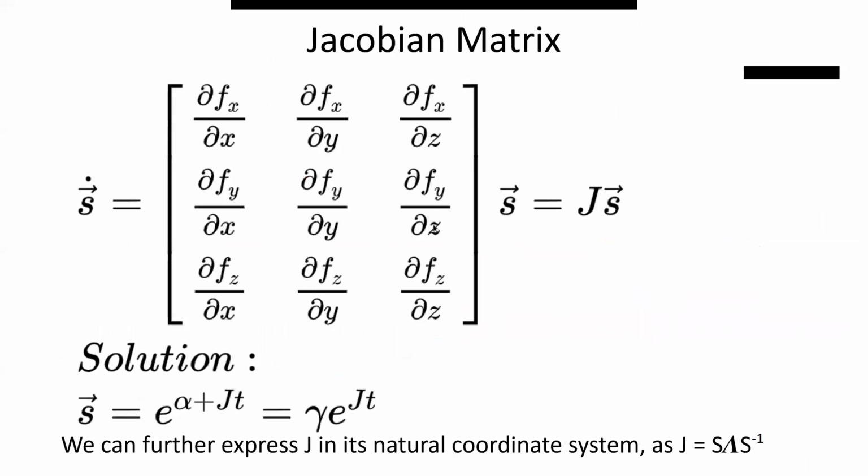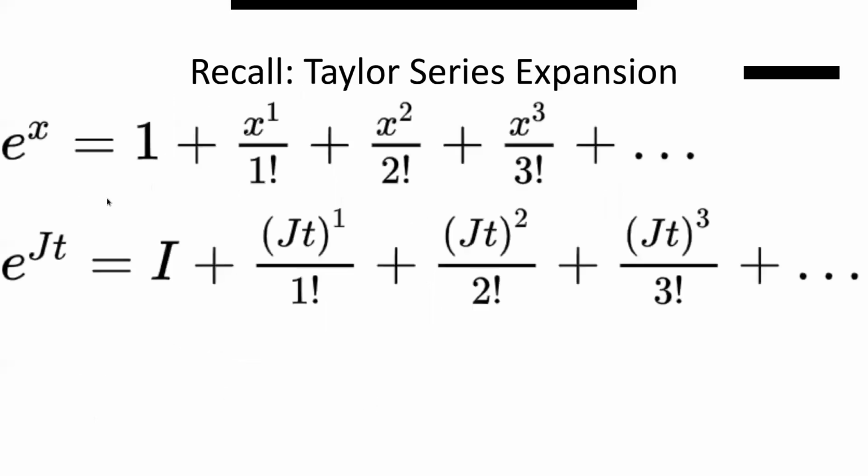It's a lot of fun for those who are mathematically inclined, but if you have a system whose rate of change depends linearly on the state with some matrix, this is the Jacobian matrix, we can solve it by expressing its solution as something like this. This has a matrix in the exponent, which can be explicated as something like this.